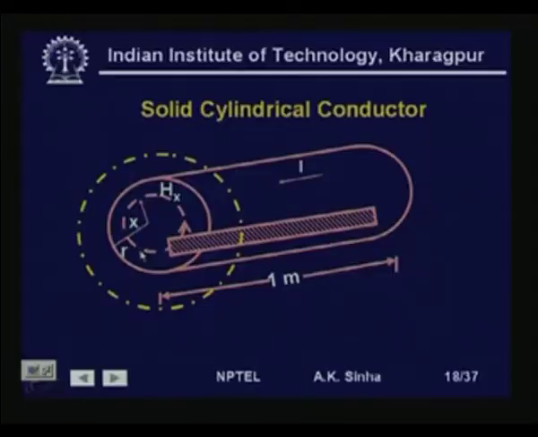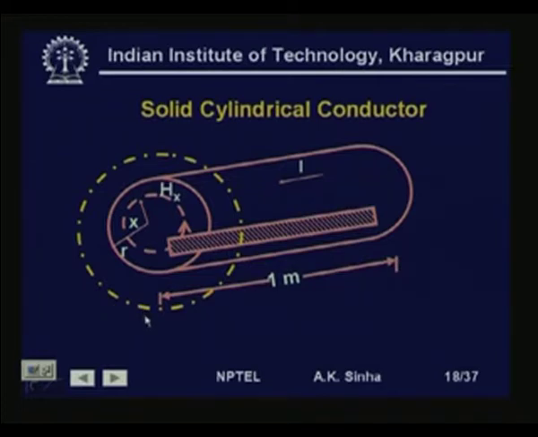Now, we can see that for this conductor, since the current is flowing inside the conductor, the current will produce a magnetic field inside the conductor also, and because of the current flowing there will be a magnetic field outside the conductor also.